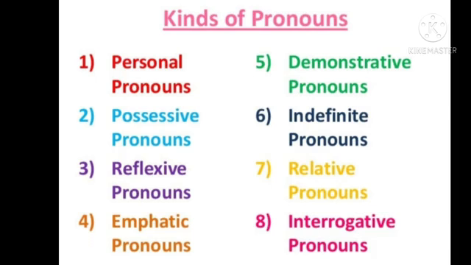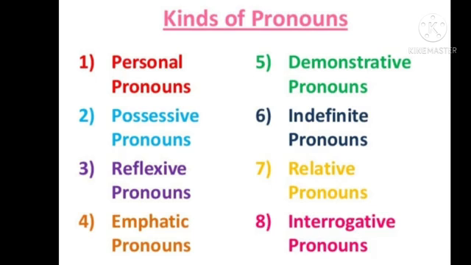If the words ending with self, like myself, herself, himself, themselves, ourselves, are seen nearby to the subject, then that is an emphatic pronoun. So don't get confused between reflexive and emphatic. Reflexive will be seen mostly at the end of the sentence or nearby to the verb. But the emphatic pronouns will be seen nearby the subject of the sentence.